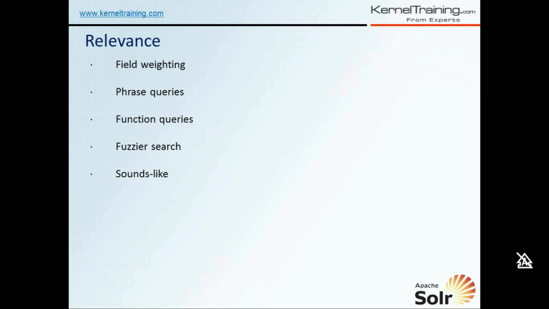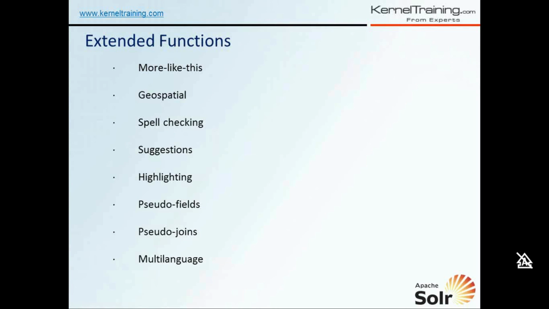We can form different queries for that, like phrase queries, function queries, fuzzy search, and sounds-like. For example, if I search for book and say sounds like book, it will search all the terms in the indexed data having a pronunciation something like book. That's how it works.